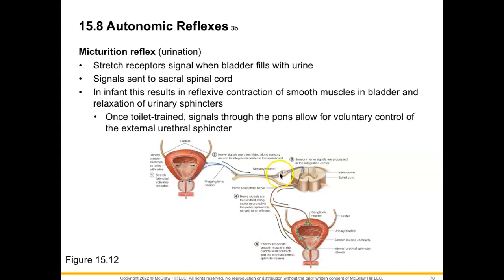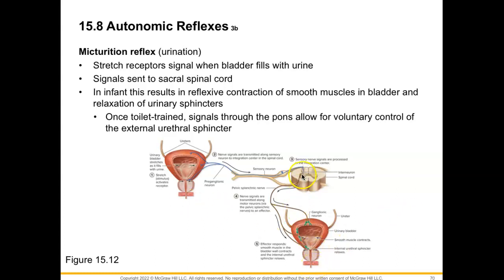But once we toilet train the toddler, the signals through the pons will allow for voluntary control of our external urethral sphincter, which would then allow the contents to be expelled.